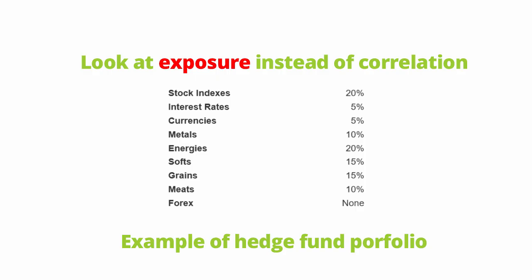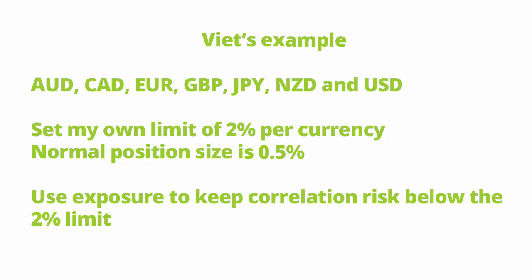Instead of markets, such as metals, I create a market for each currency. After going through all the pairs that I trade, this is a list of the currencies that I could be exposed to. Next, I set my own limit on how much exposure I want to have in each currency. This was just an estimate based on the position size that I was trading at the time.